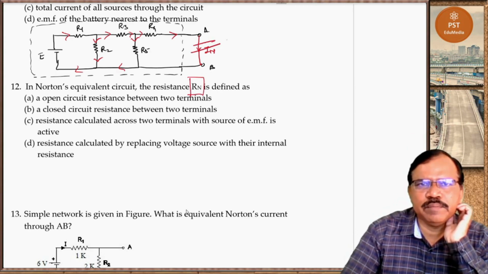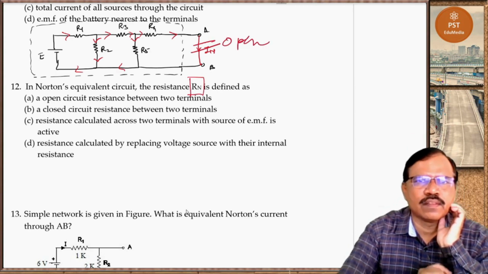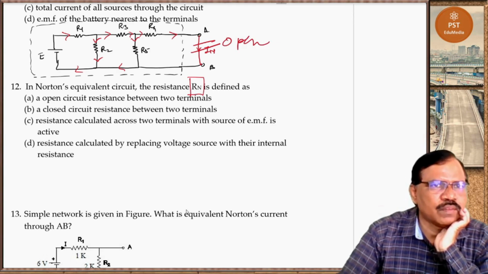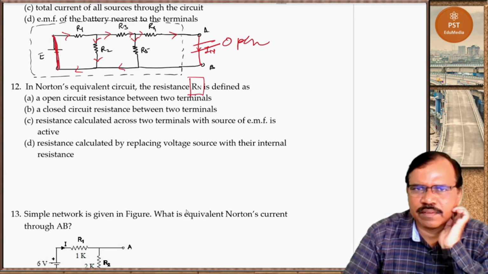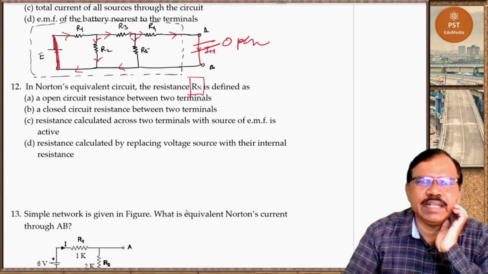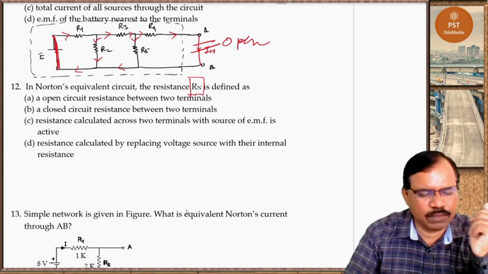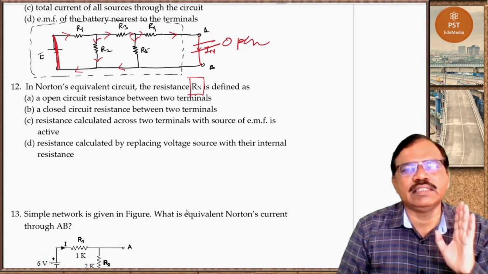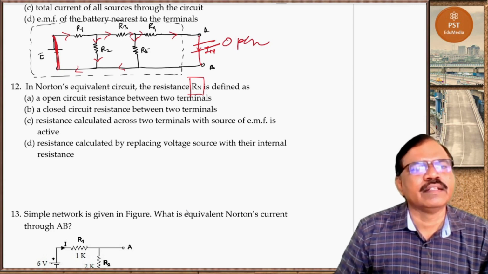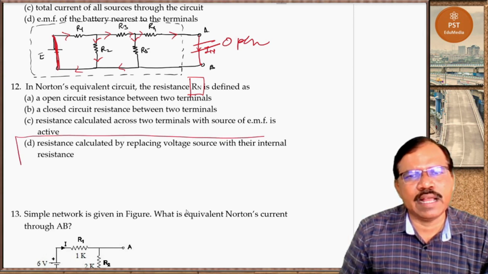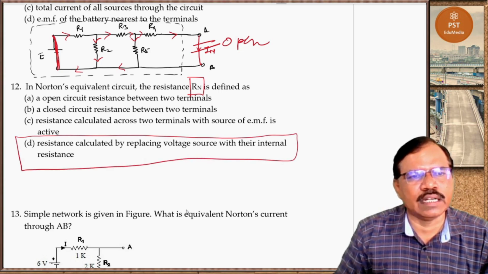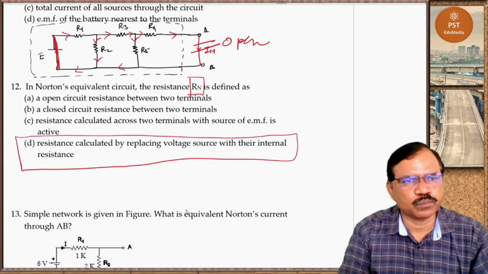We first make terminals AB open, replace the battery by its internal resistance, and then we approximate the circuit and find the resistance across terminals A and B. Same as Thevenin's theorem: the resistance is calculated by replacing the voltage source with its internal resistance.